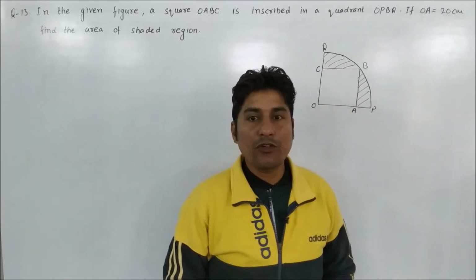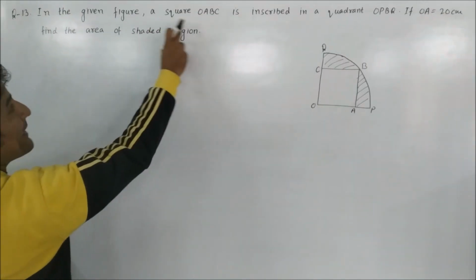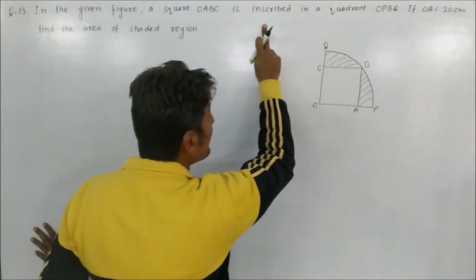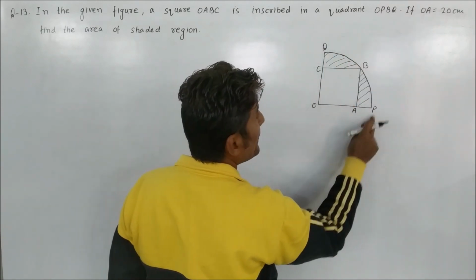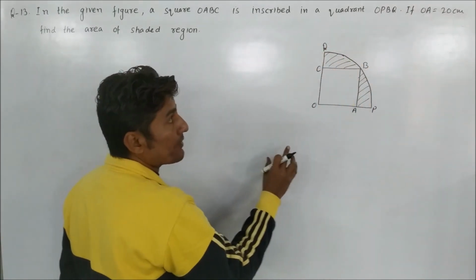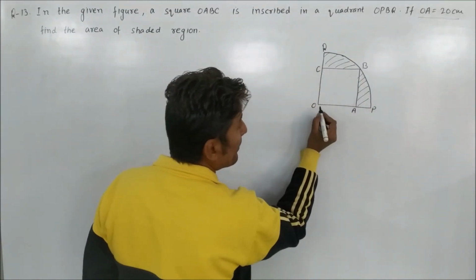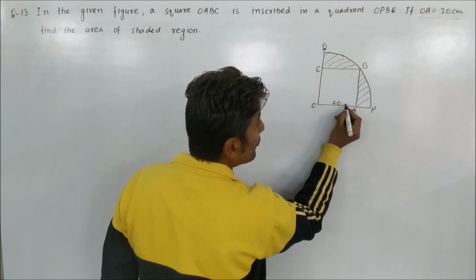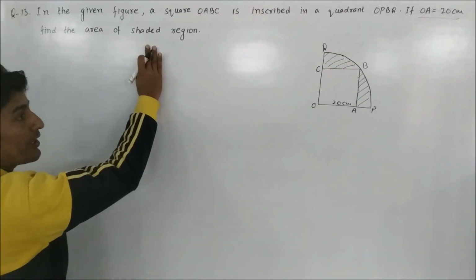Now let us consider question number 13 of the same exercise. In the given figure, a square OABC is inscribed in a quadrant OPBQ. OPBQ is the quadrant of a circle. If measurement of OA is given 20 centimeter, then find the area of the shaded region.